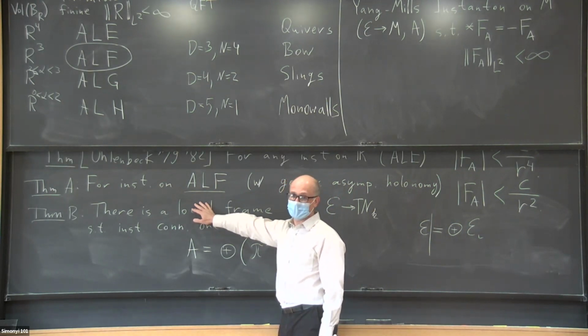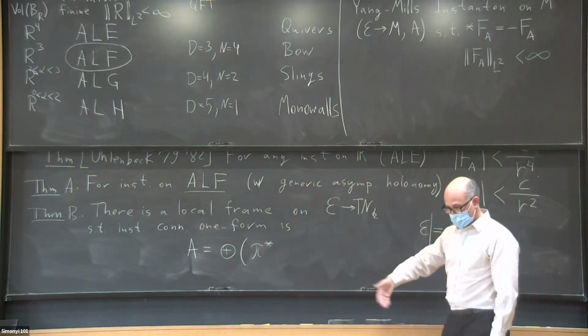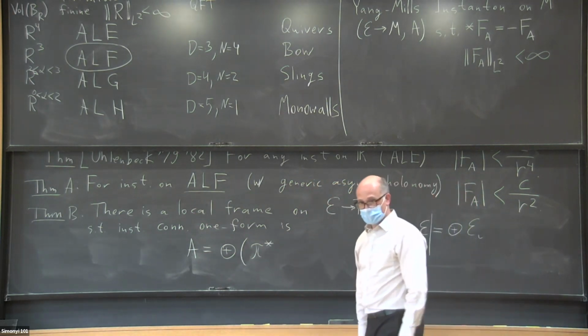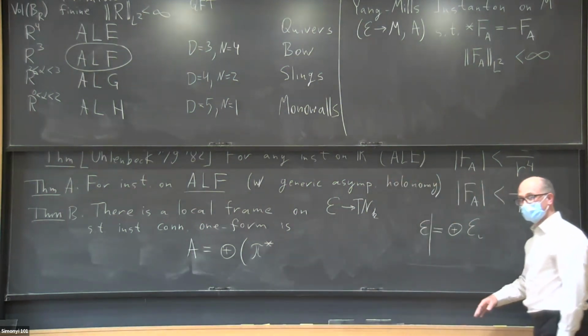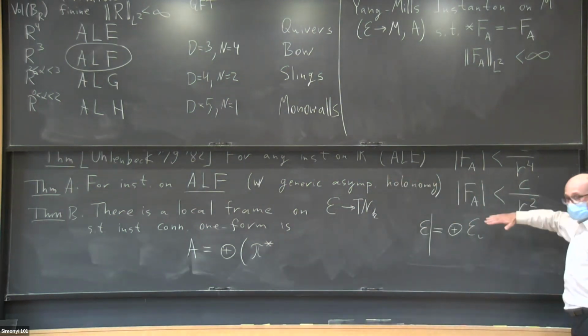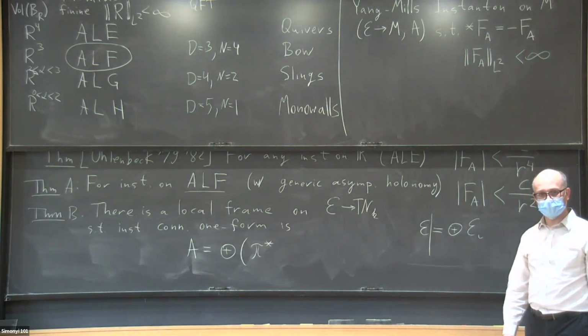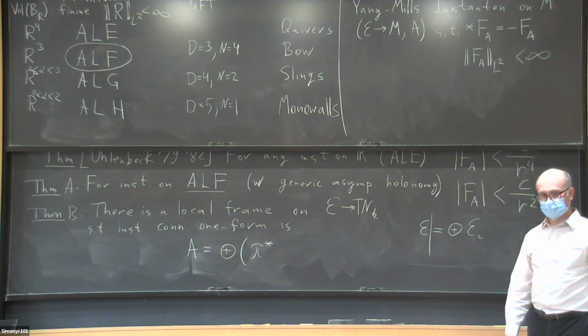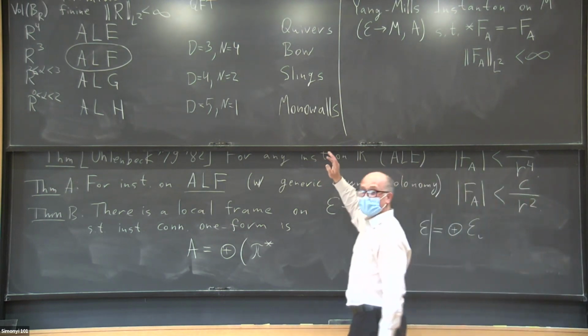Oh, that's where you give yourself a K. Okay. My only requirement is that the connection has finite L2 curvature and is self-dual. Okay, but you're giving yourself the K then. That's right. Will you describe these spaces of ALFs later? The bow will describe both the space and the instantons on it.